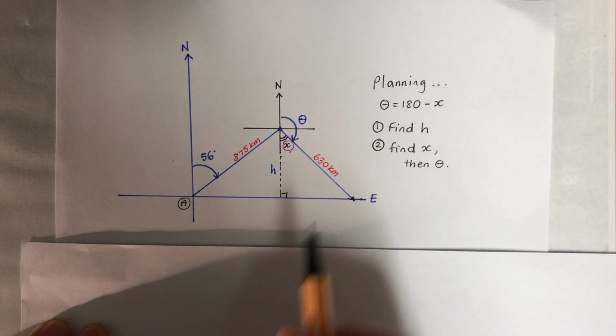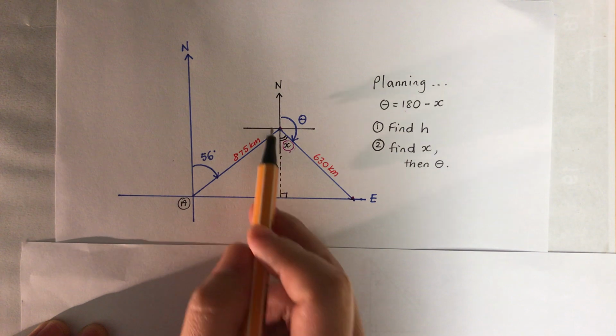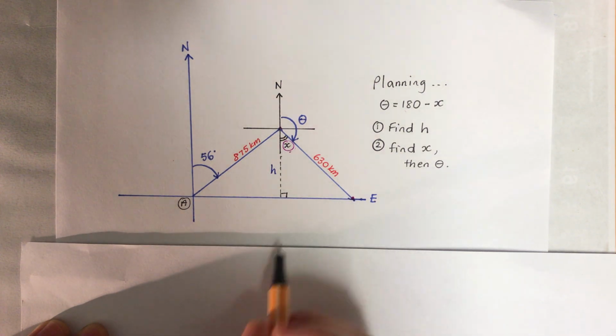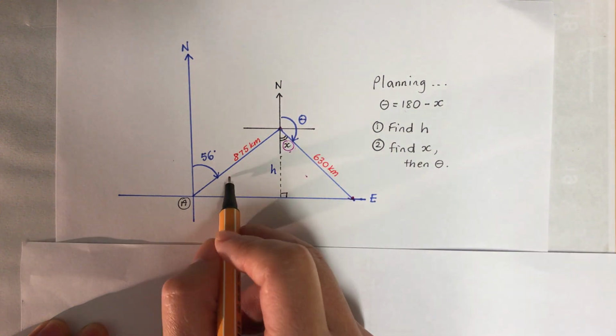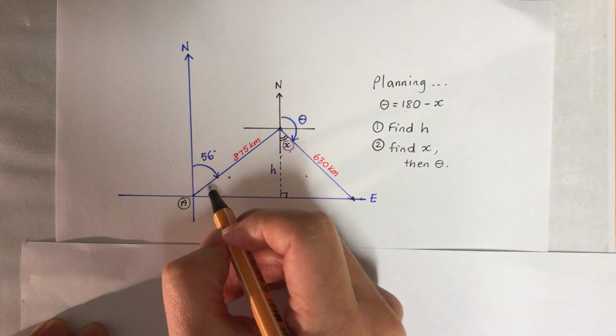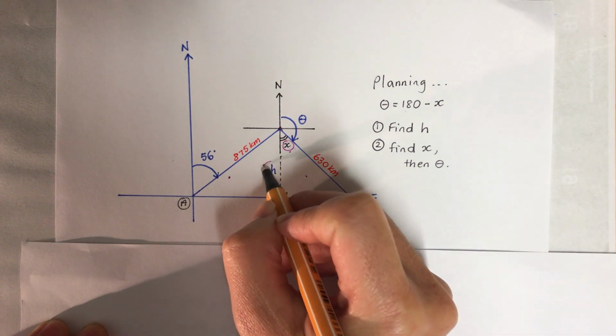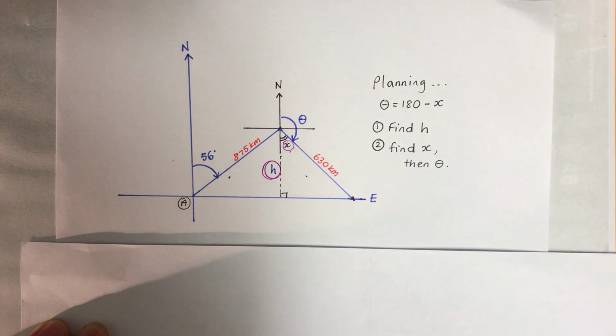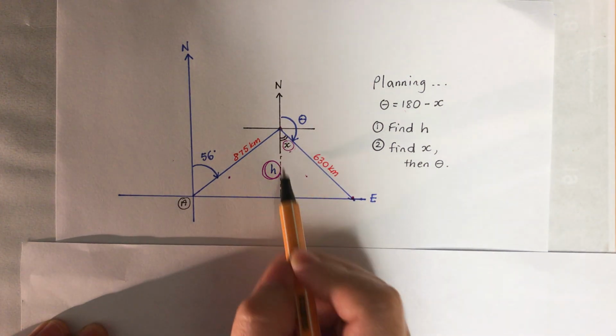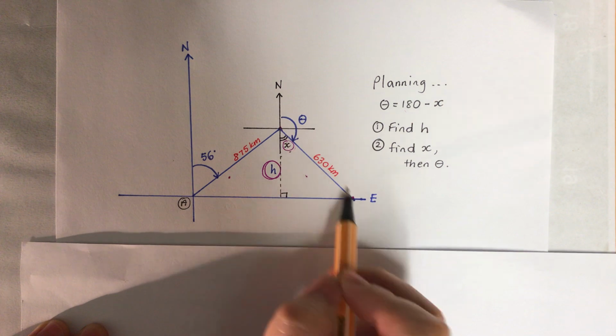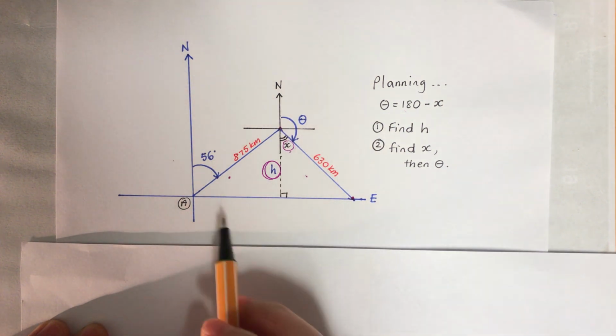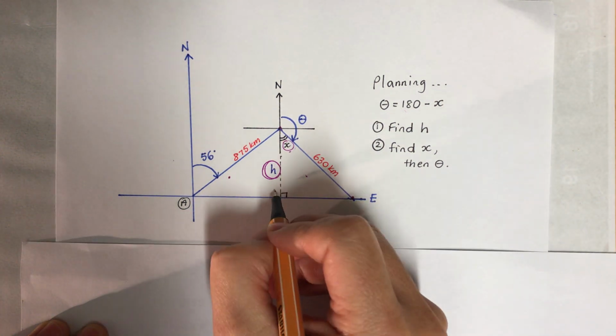Now, I can't really use sine rule or cosine rule on this side yet. I need to work on this first. So if I can find the h first, then I can use cos on this one to find the x. So how am I going to find the h?